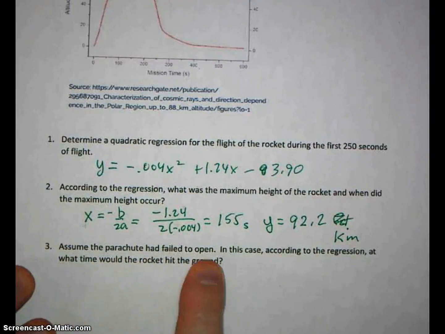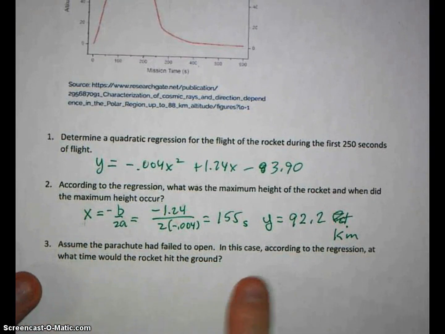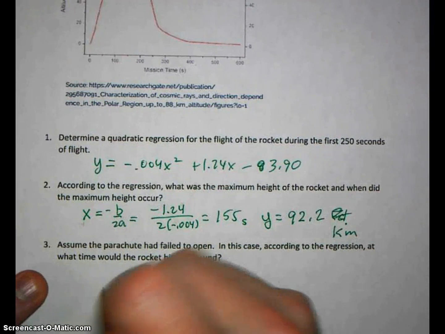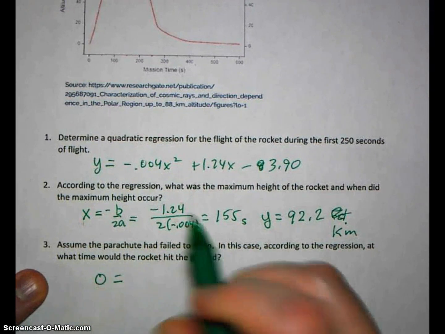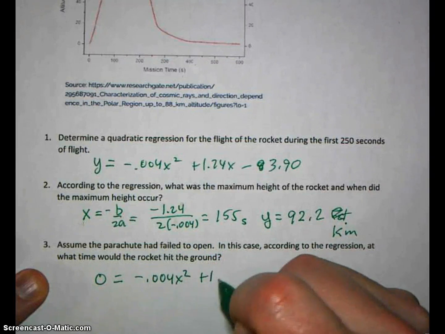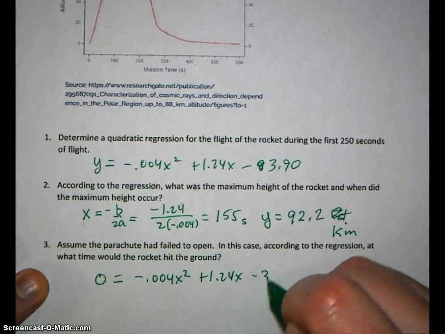Assume the parachute had failed to open. According to the regression, when would the rocket hit the ground? It would hit the ground when its height is 0. So 0 equals minus 0.004x squared plus 1.24x minus 3.90.